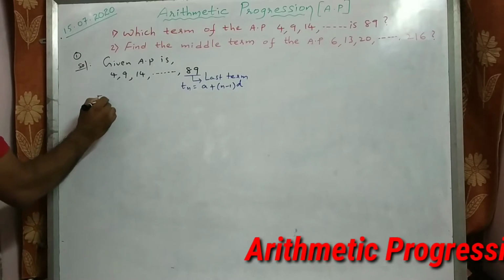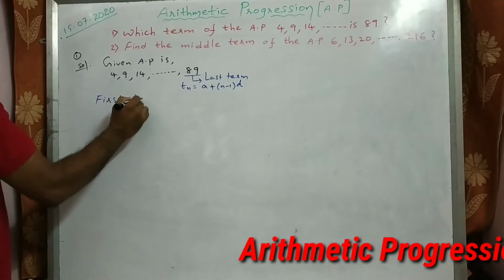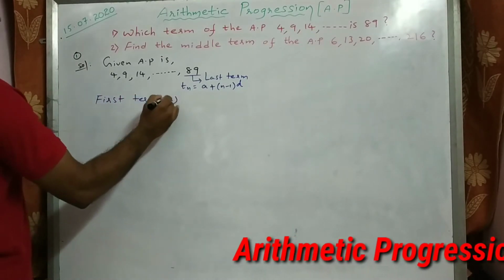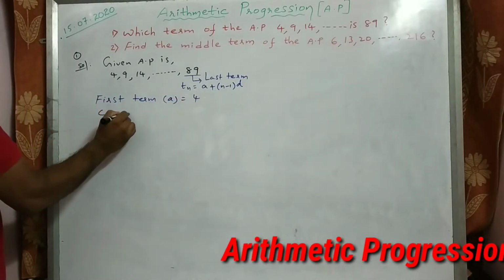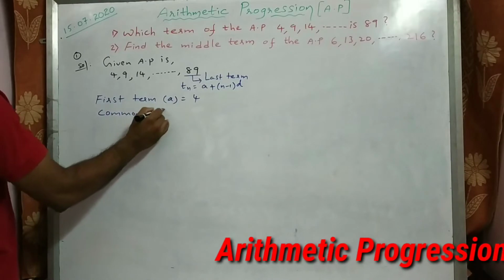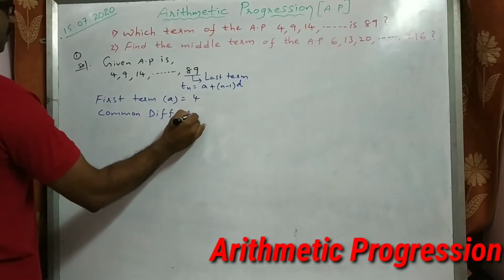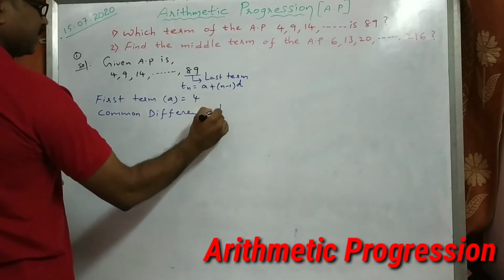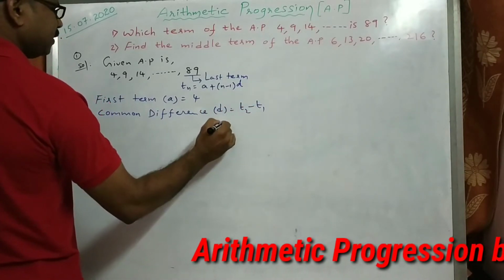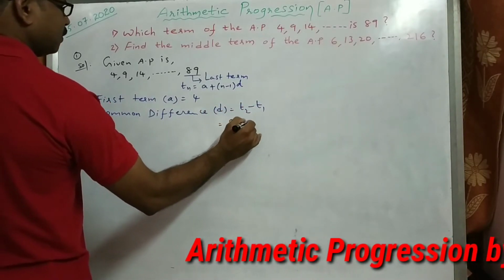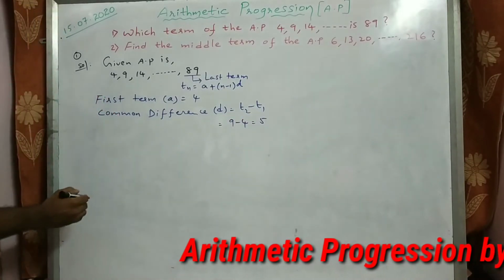Nth term is A plus n minus 1 into D. First term A equal to 4. Next, common difference. What is the common difference formula? D equal to T2 minus T1. So 9 minus 4 will be 5.